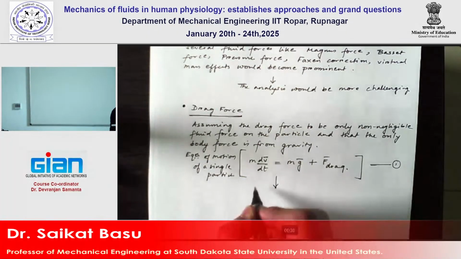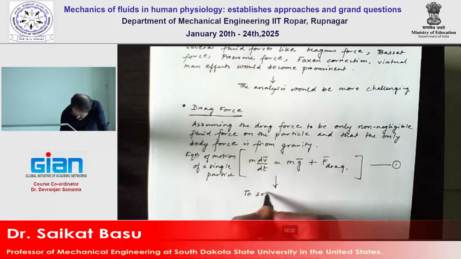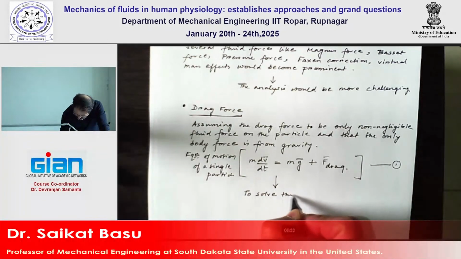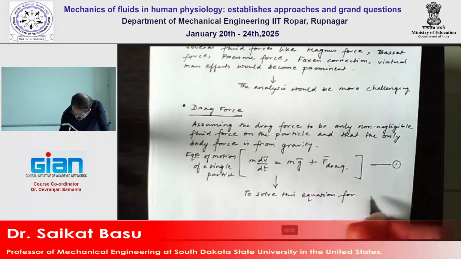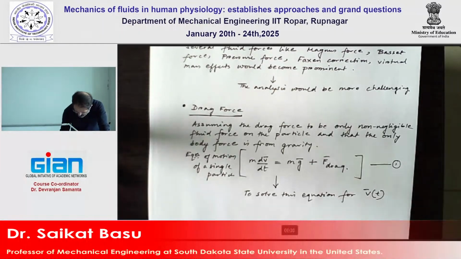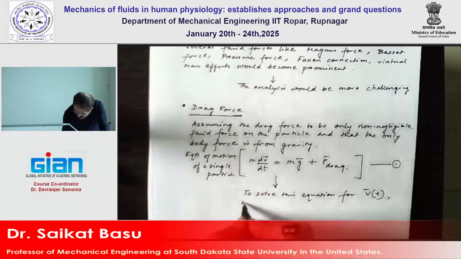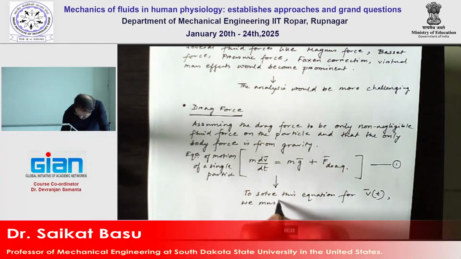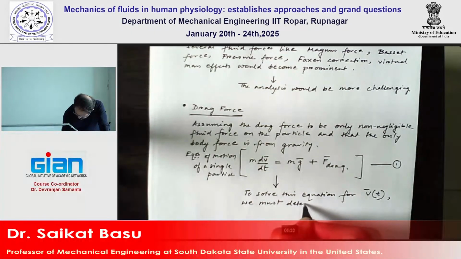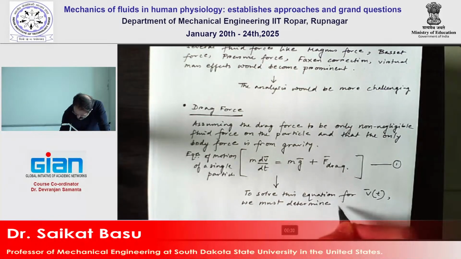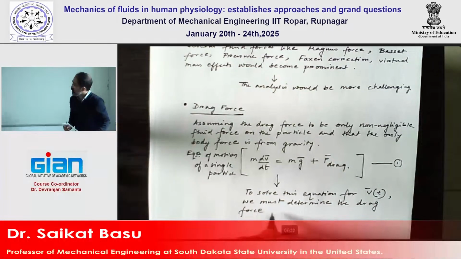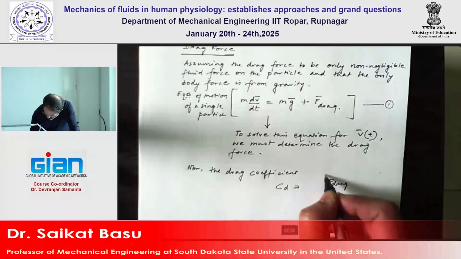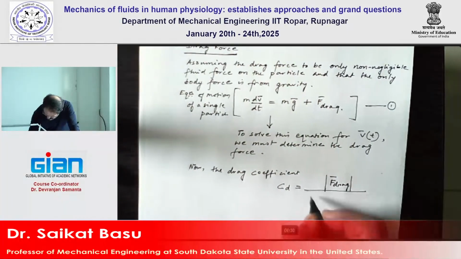So to solve this equation for v as a function of the time t, we must determine the drag force. F drag is the drag coefficient, divided by half rho fluid.